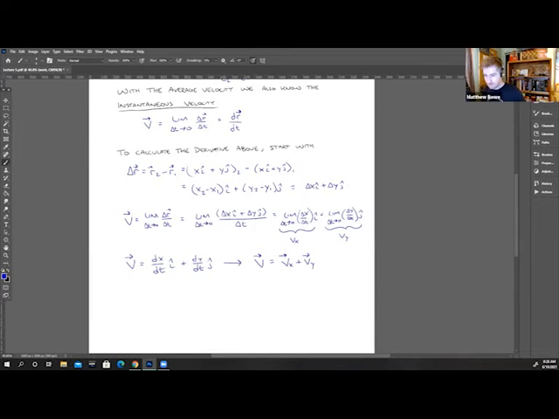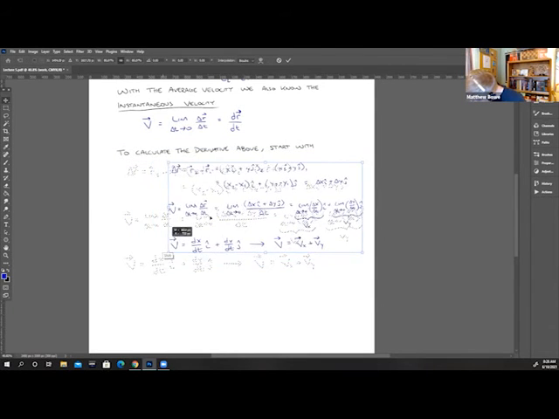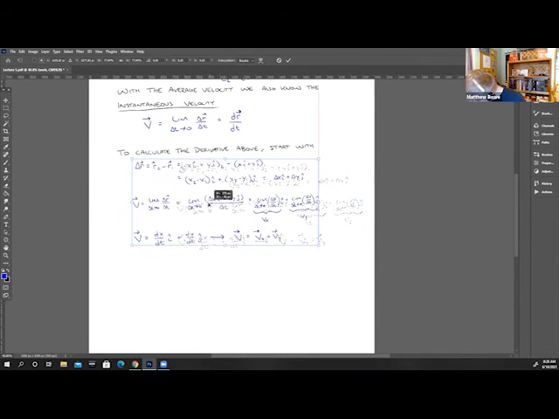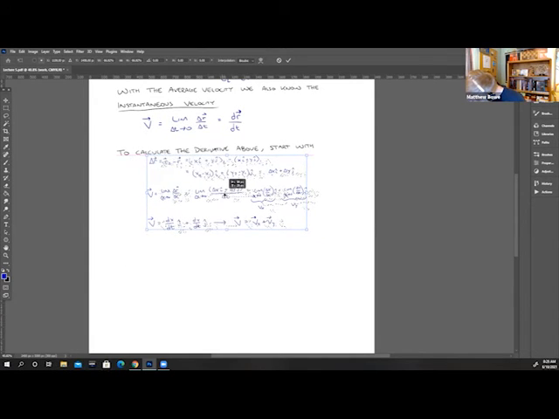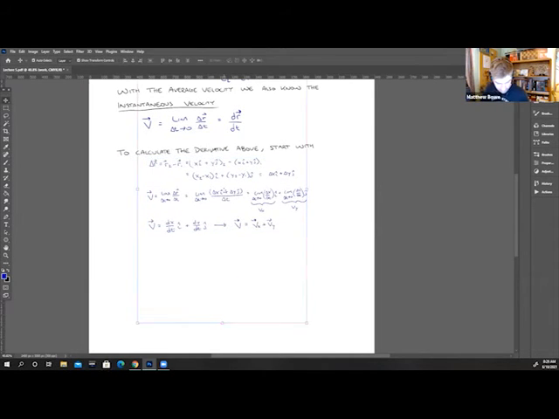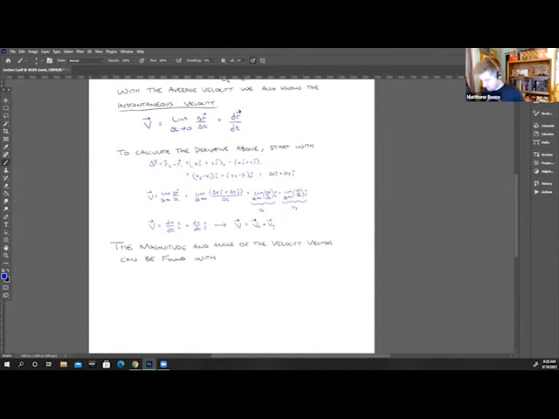Let me shrink this work a bit, and I'll make this legible on the notes when I put them up later. Oh, perfect. So we have this way to find velocity. It's made of its component pieces.